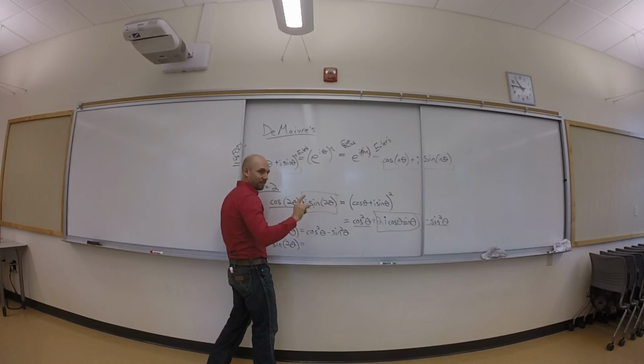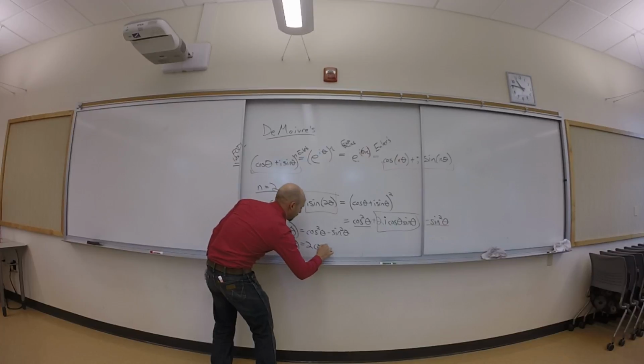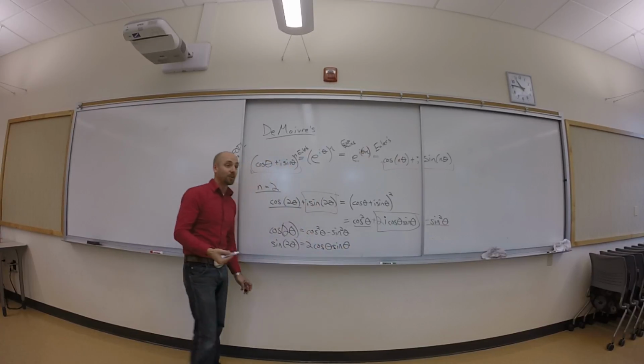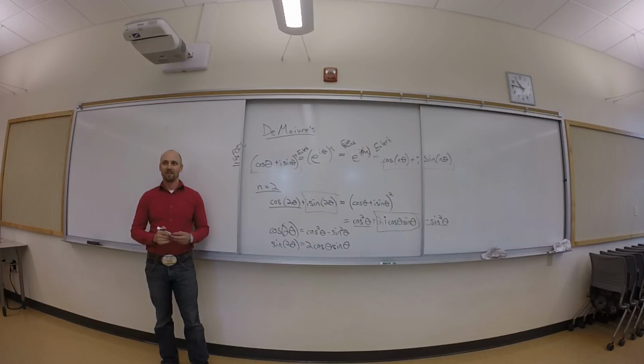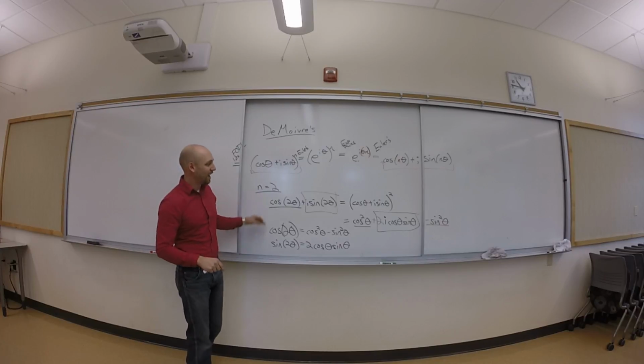Cool, drop the i's. 2 cosine theta sine theta, which is the other double angle formula. You guys see that? So you don't need to memorize the double angle formulas. They're right here. Cool. All right, so that's de Moivre's for n is 2.